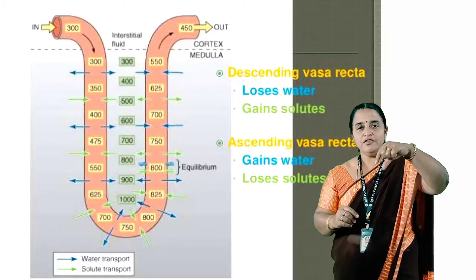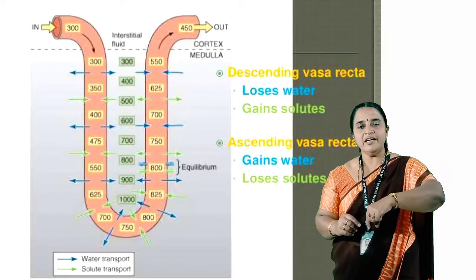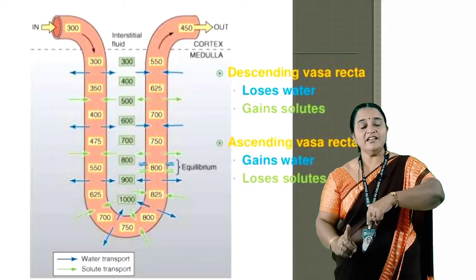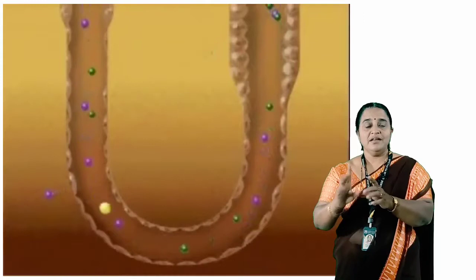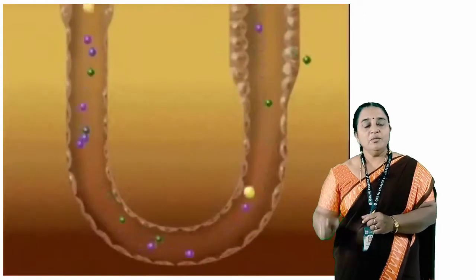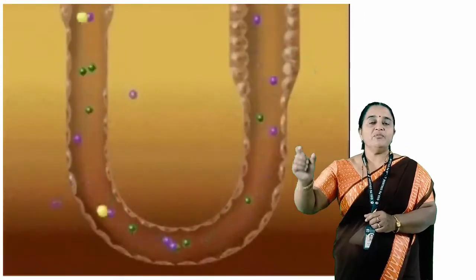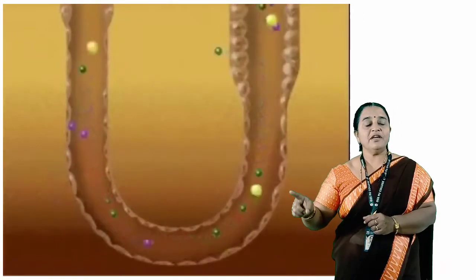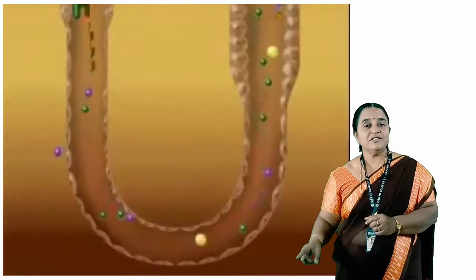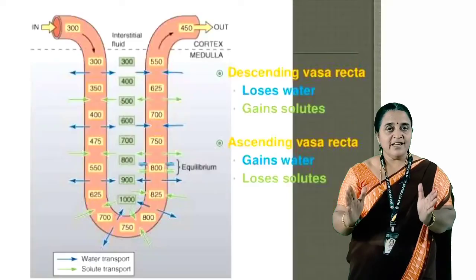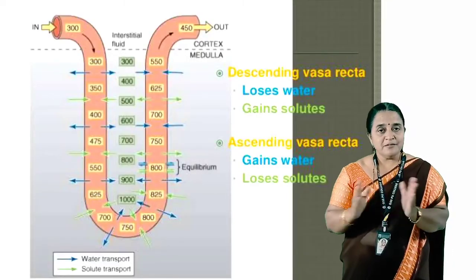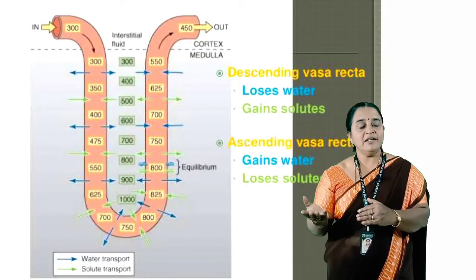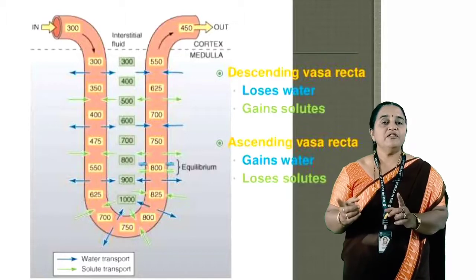It means the nephron's tubular region takes the filtrate in a downward direction, while at the same time the blood capillaries take the blood in an upward direction. On the opposite side, the tubular region takes the filtrate in an upward direction, while the blood capillaries carry blood in a downward direction. So different fluids in the same region, transported through the tubular regions of the nephron and the blood capillaries, show opposite flow.